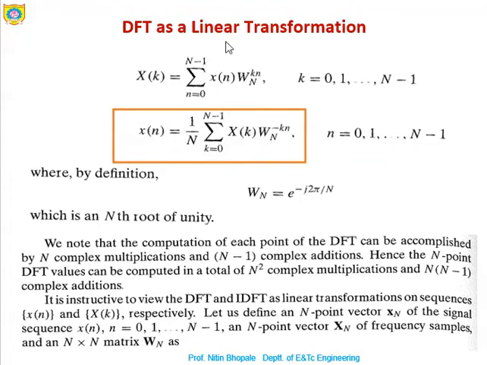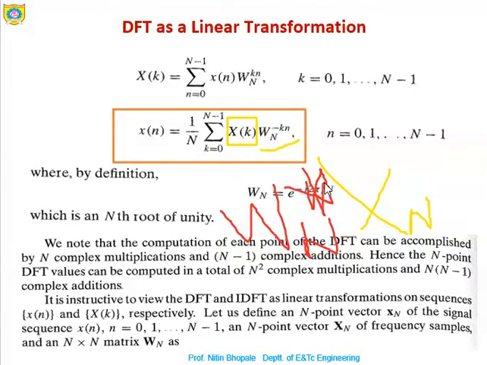So 1 upon n, for this entire term, the summation X of k is replaced with capital X of n, and the value over here, Wn raised to minus kn, is nothing but Wn star, because it is the inverted value. So 1 upon n into this entire term is replaced with a small x of n, and it is the IDFT in terms of the Twiddle factor.